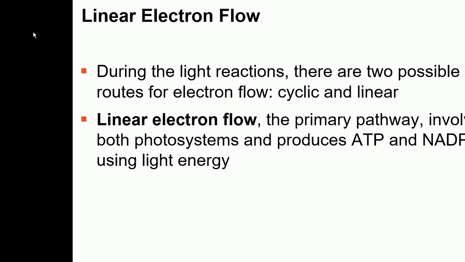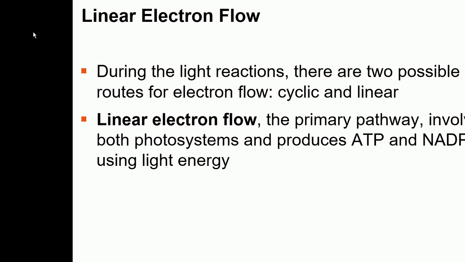We have already discussed the photosystem. We talked about what a photosystem is. It has a light harvesting complex and it also has a reaction center. We have talked about the pigments which are present in the light harvesting complex and the special pair of chlorophyll molecules present in the reaction center, which is P680.